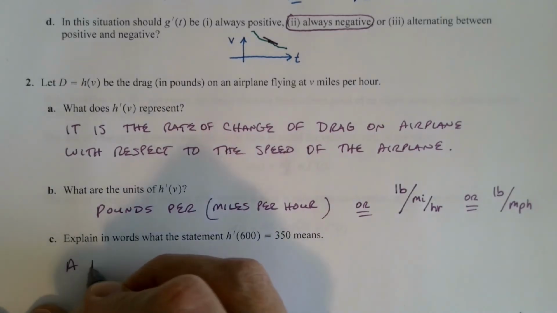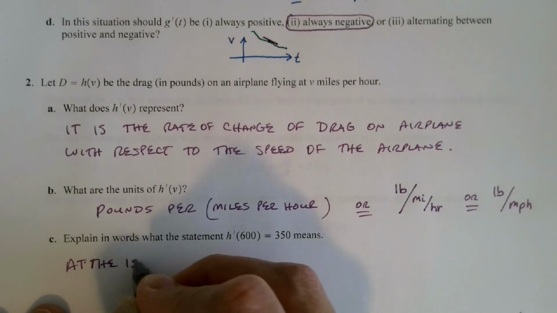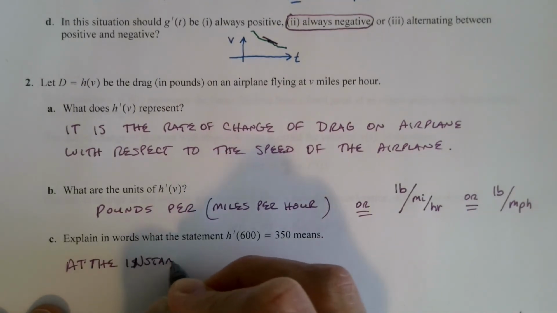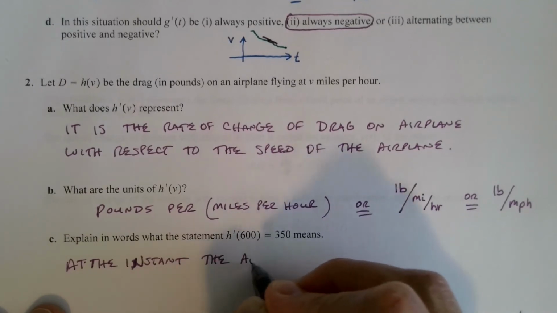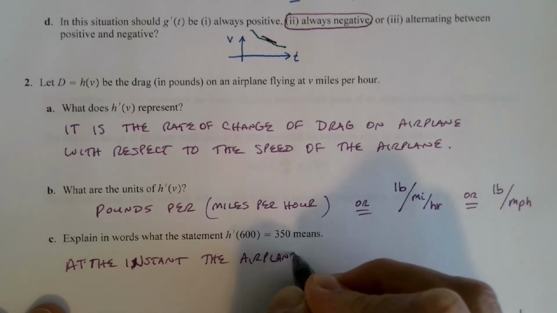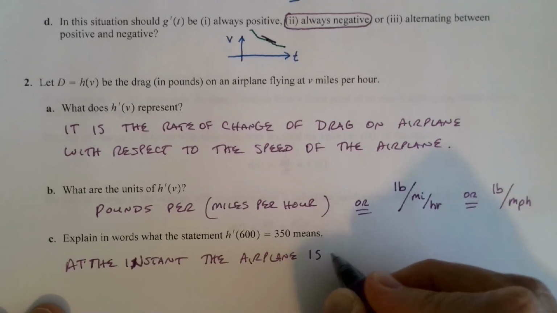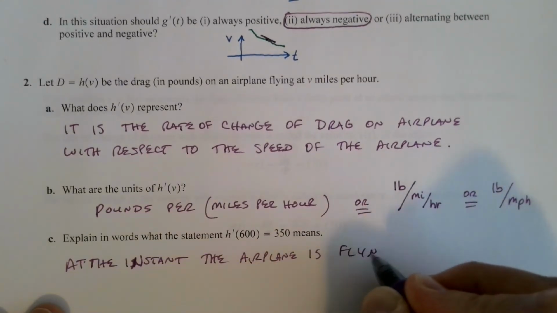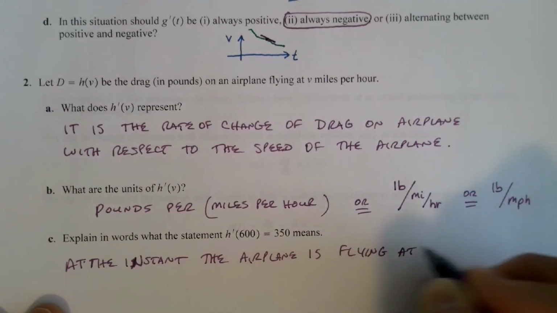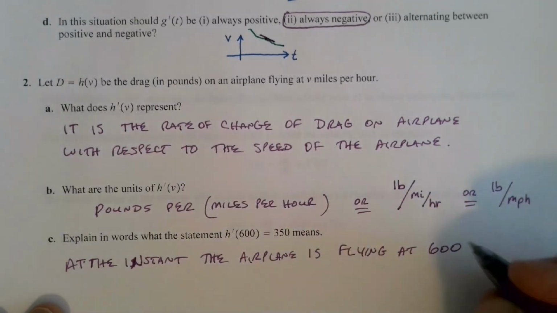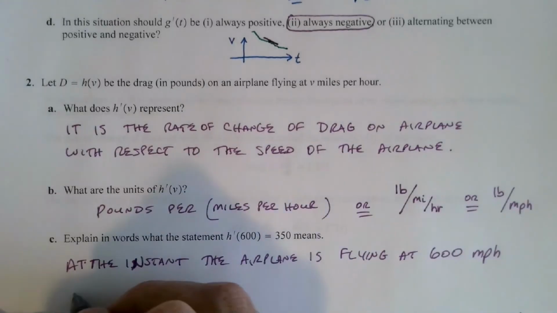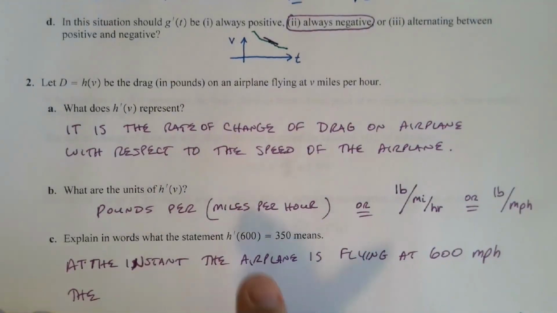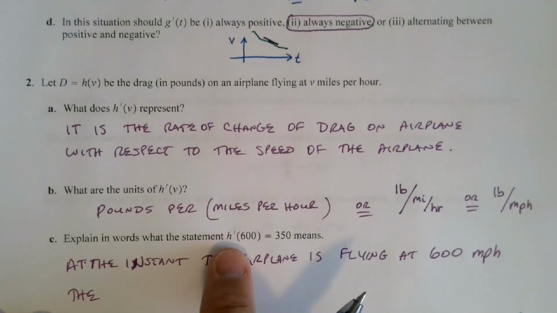So at the instant the airplane is flying at 600 miles per hour, what does h prime of 600 represent again?